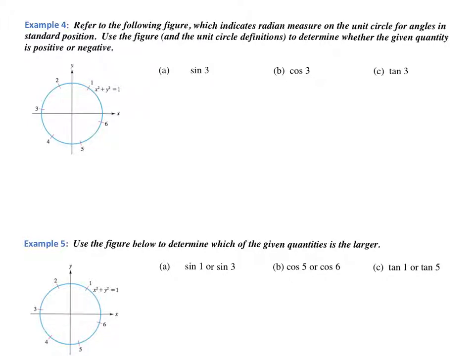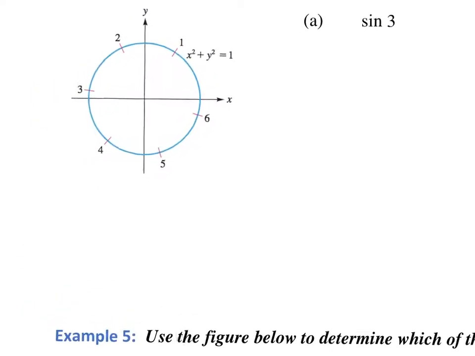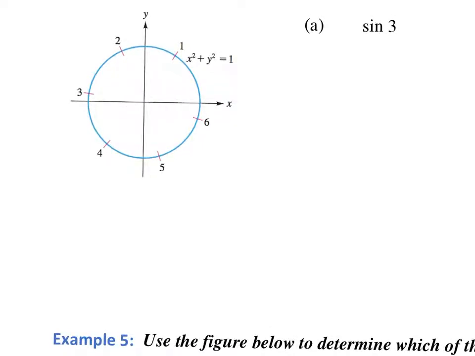All right, so sine of 3. You just have to understand that when they ask a question like this, you're talking about a point that is finishing right there. Sine, is that X or Y? Y. So think about this Y value right here.